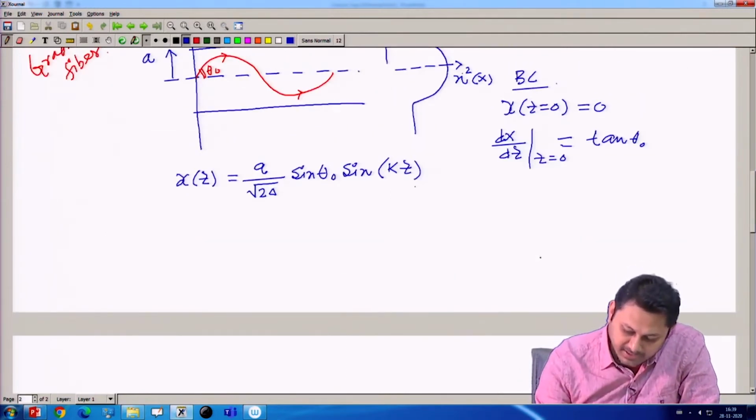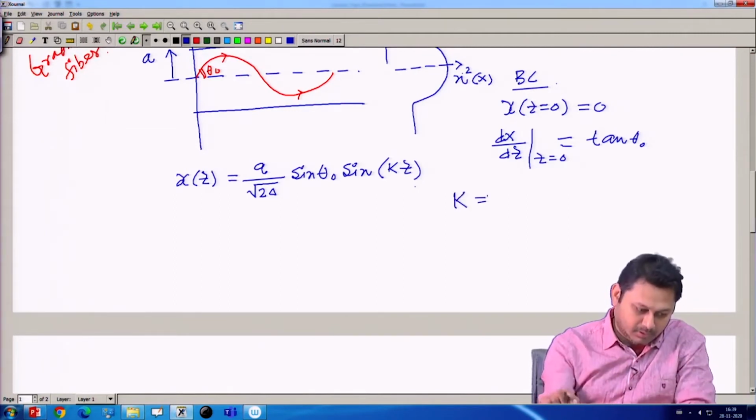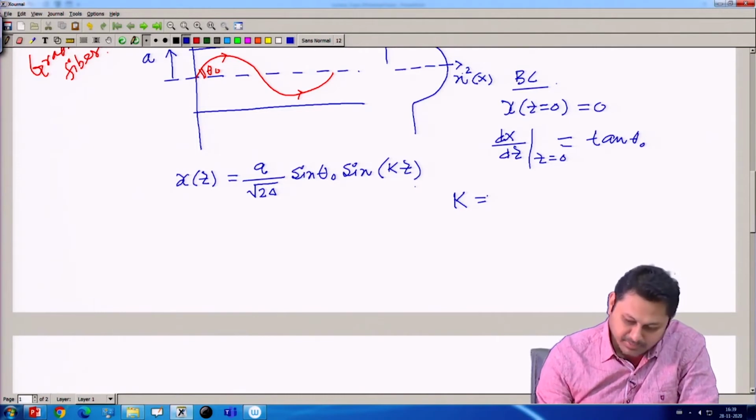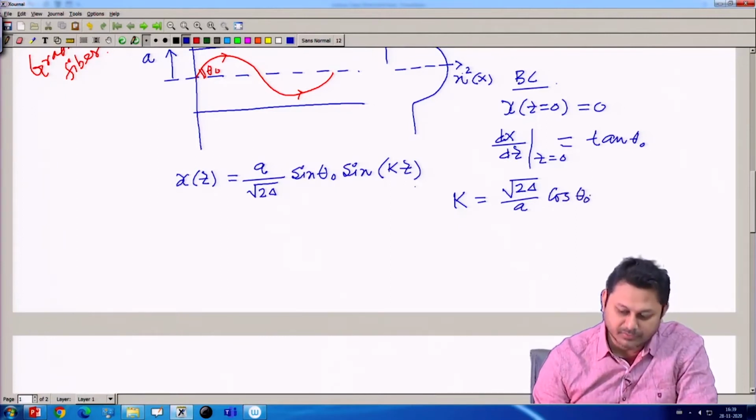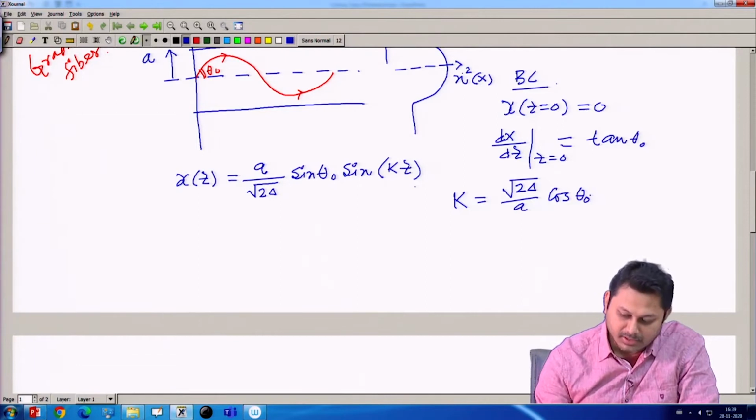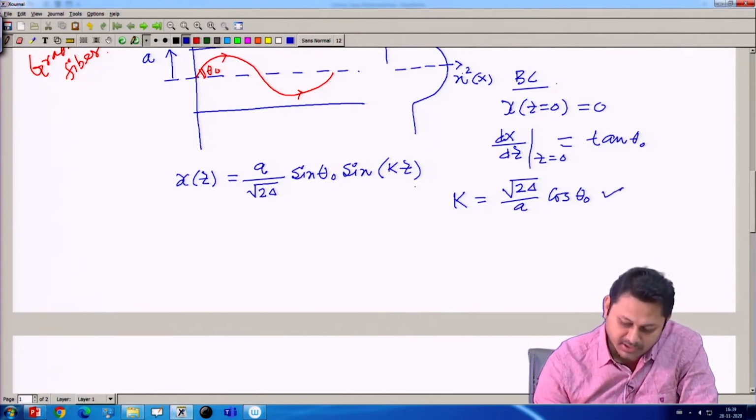And the value of k that we calculated last time was root over of 2 delta divided by a and cos theta 0. That was the value of k, depending on the initial angle theta 0.